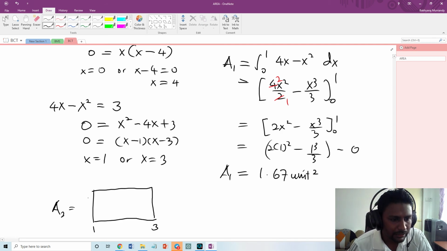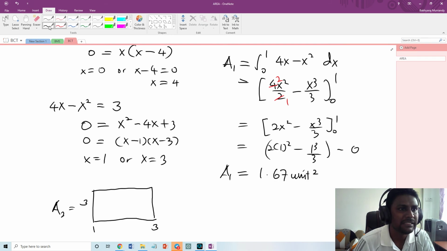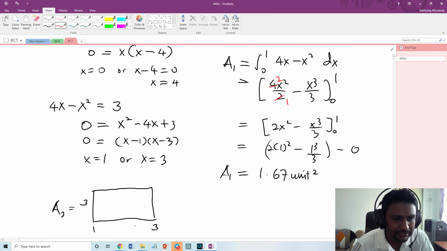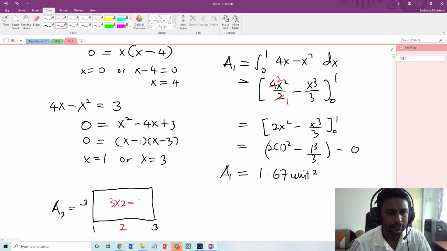And then this one, okay, the height will be 3, right? Okay, what is the area of the rectangle? Yeah, correct. It should be 6, right? How you get 6? Ini 3, 1 jadi berapa? 2 dah. Okay, correct. So 3 times 2 you get 6 dah.